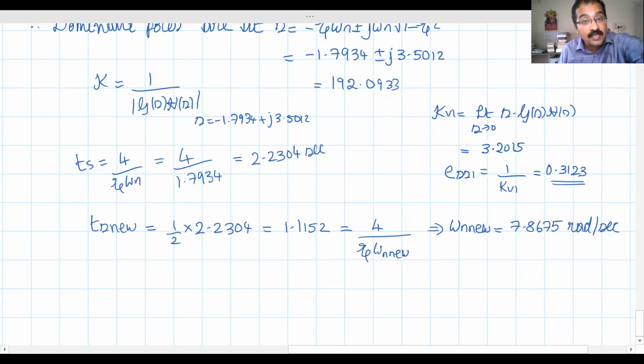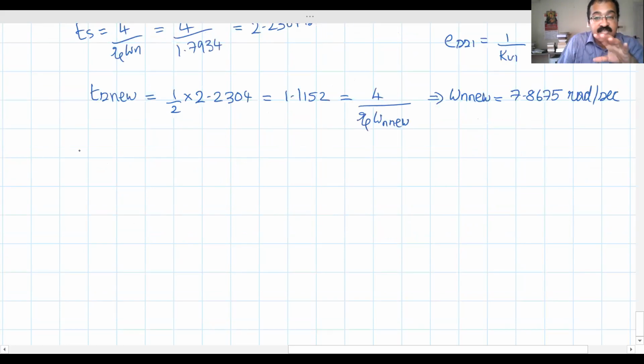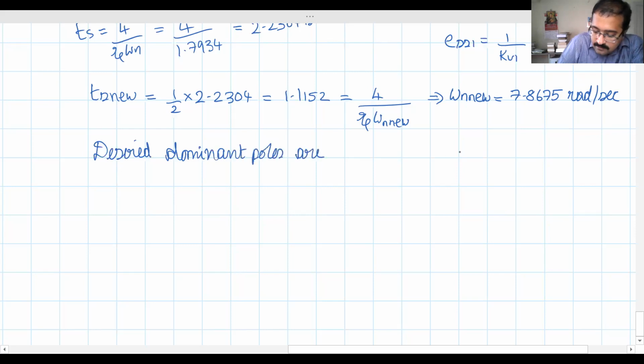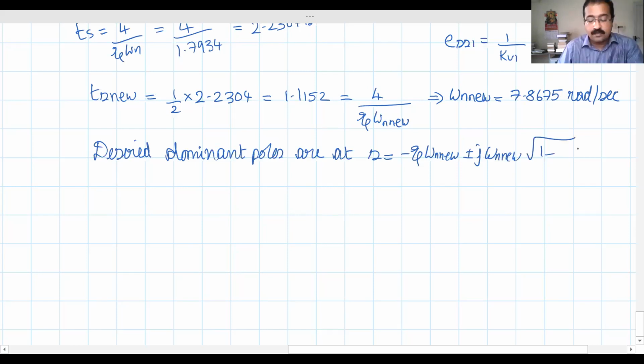So where are the desired dominant poles? The dominant poles have changed their location. The desired dominant poles are at s equals minus zeta omega nu plus or minus j omega nu times root of 1 minus zeta square. Omega nu we just calculated, and zeta we already know.